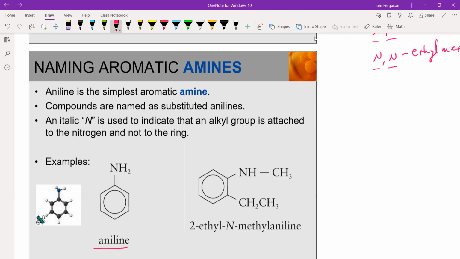Here we've got a branch from carbon number 2, and we have a methyl group hanging off the nitrogen. So this part is that, and then this part is this.